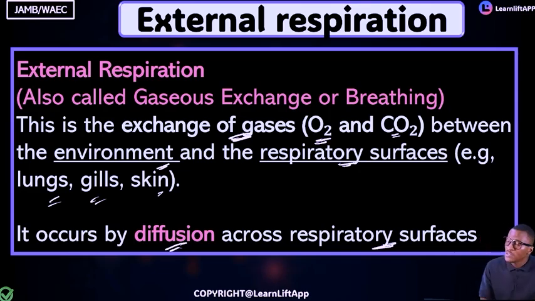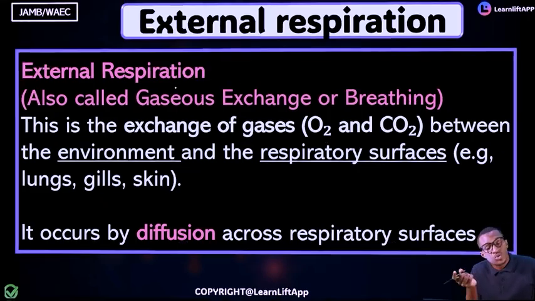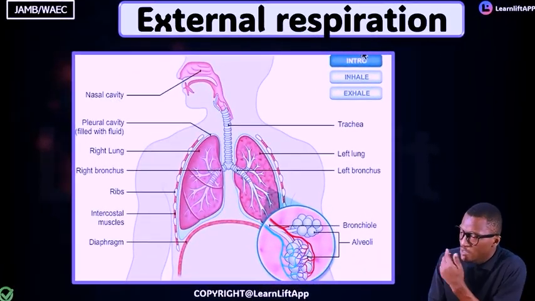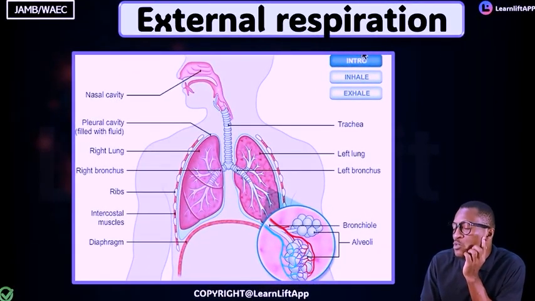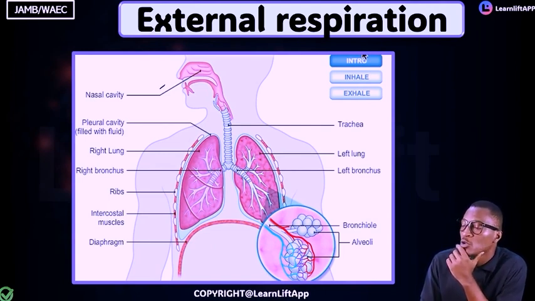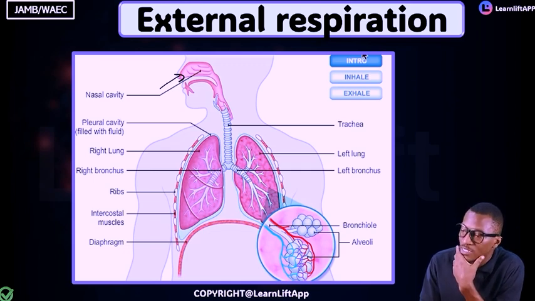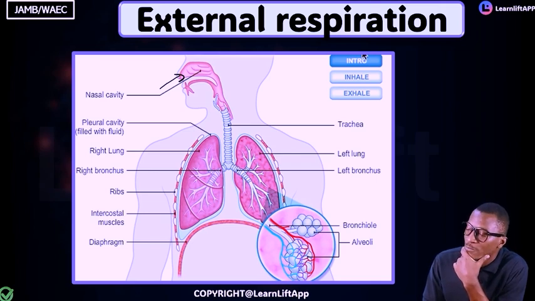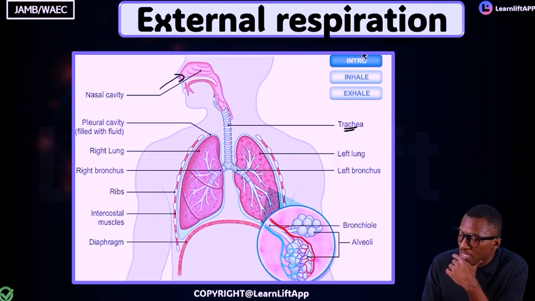Take note that external respiration is divided into two. Now, let's first of all explain this. When we say external respiration, what do we mean? Oxygen goes in through the nose, into the nasal cavity. From the nose, it goes to the pharynx, then the larynx, and from the larynx to the trachea. From the trachea, it goes to the bronchi, the left bronchus and the right bronchus.